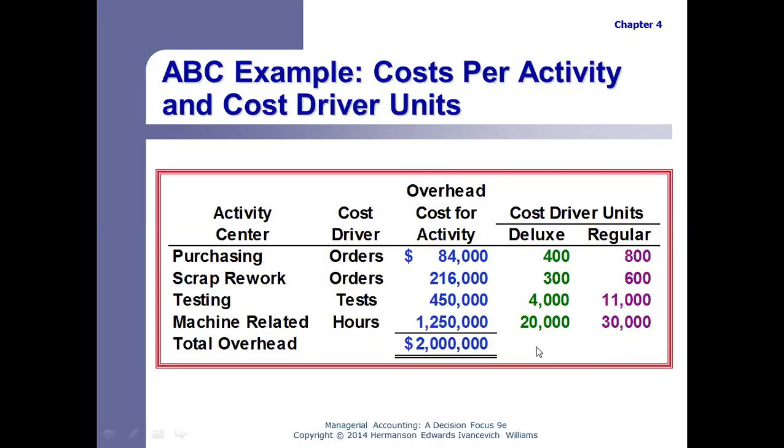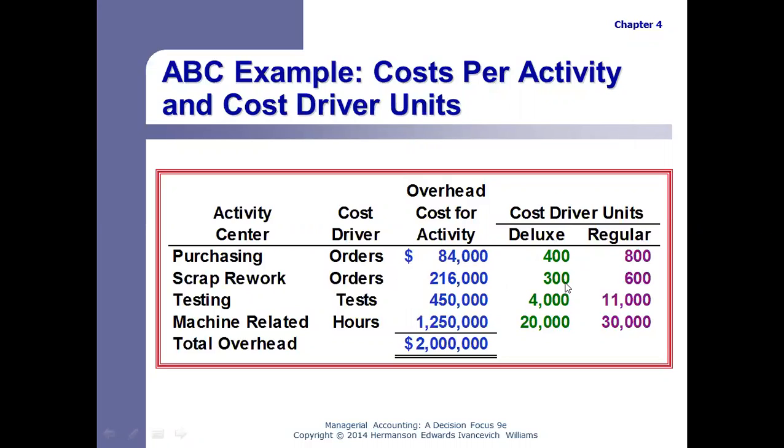So here are, for each of the 2 products, the units of the cost driver for each. So this means there's 400 orders for the deluxe, 800 orders for the regular.